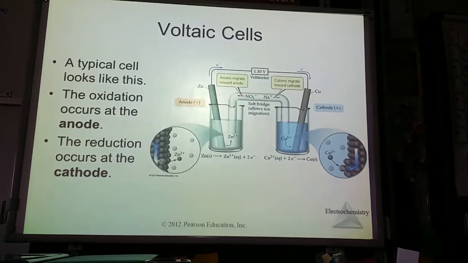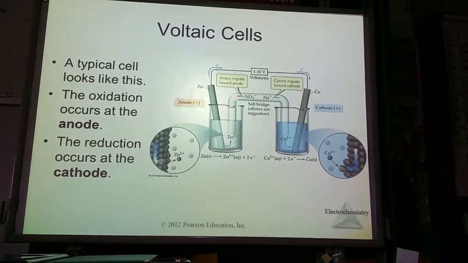We talked about today how there are two really big components of a voltaic cell. There's the anode, and then there's the cathode. Now, the anode is always going to be that negatively charged terminal. And the anode is also where oxidation occurs. Oxidation we've already defined as being the loss of electrons.